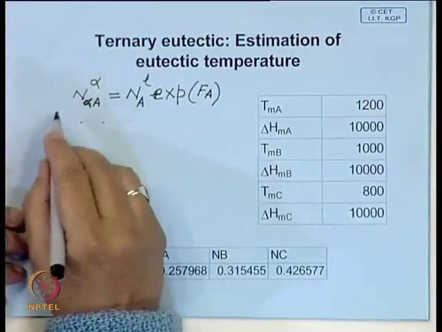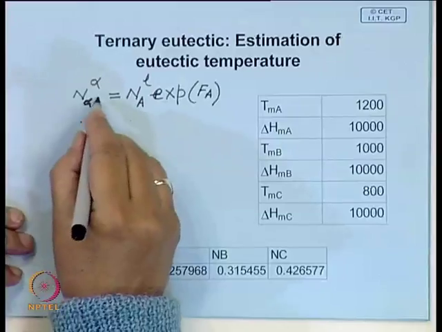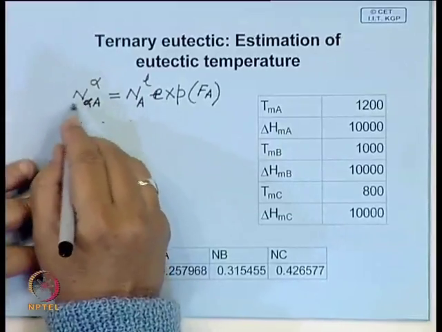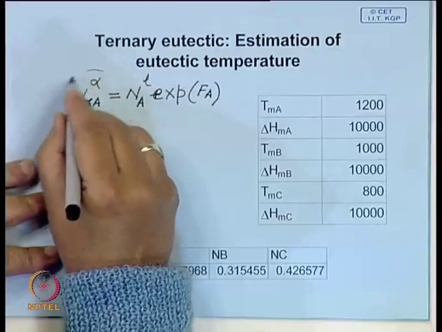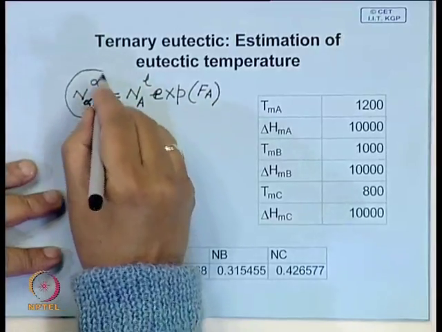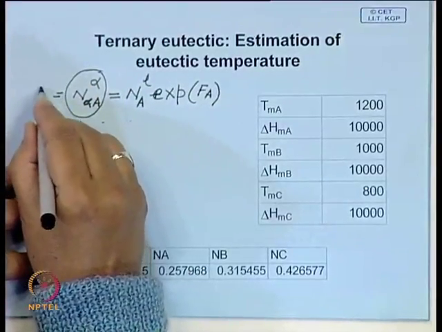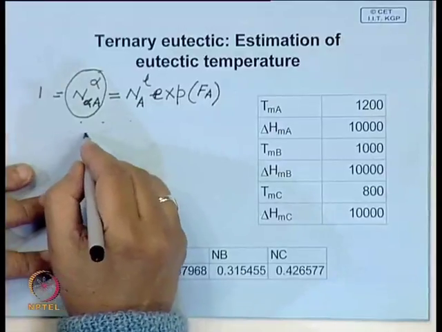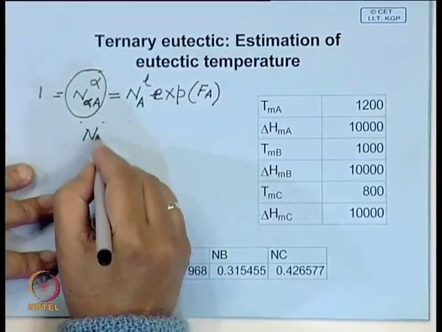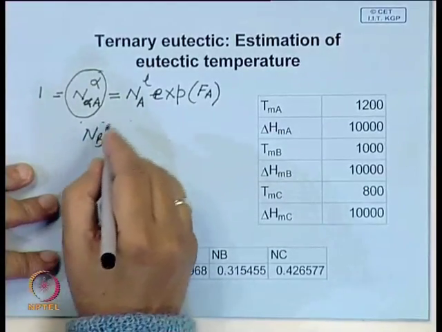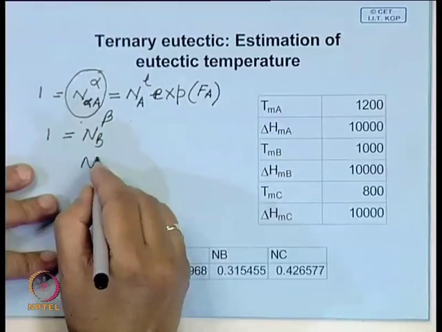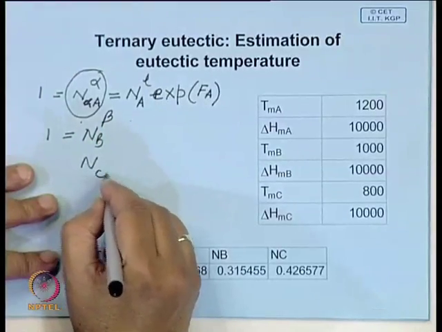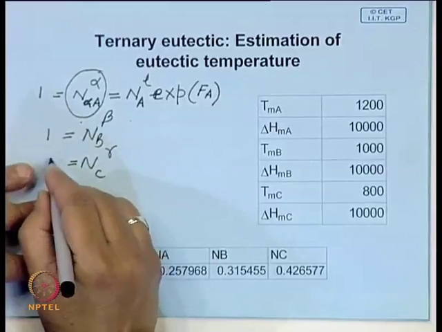And here let us try and simplify it even further. We assume that alpha is pure A. So that means we assume N A in alpha is equal to 1. Similarly, N B in beta is equal to 1, N C in gamma is equal to 1.